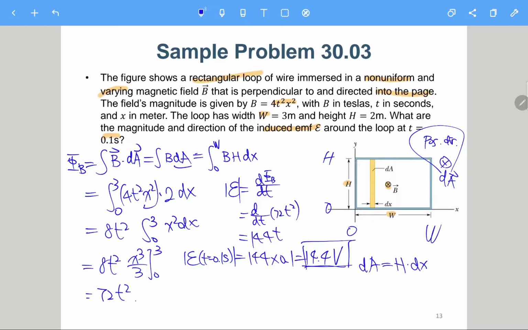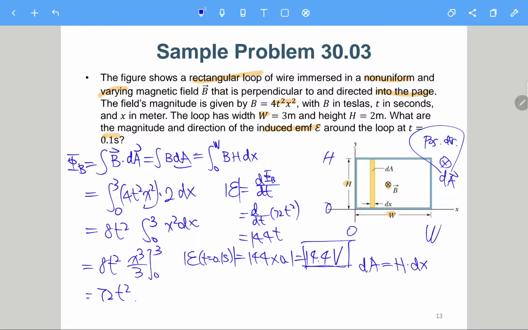So this is the magnitude, and we need to determine the direction. Here, B is pointing into the page, and it is always positive since t is a positive number. And of course, we know that this is also increasing.